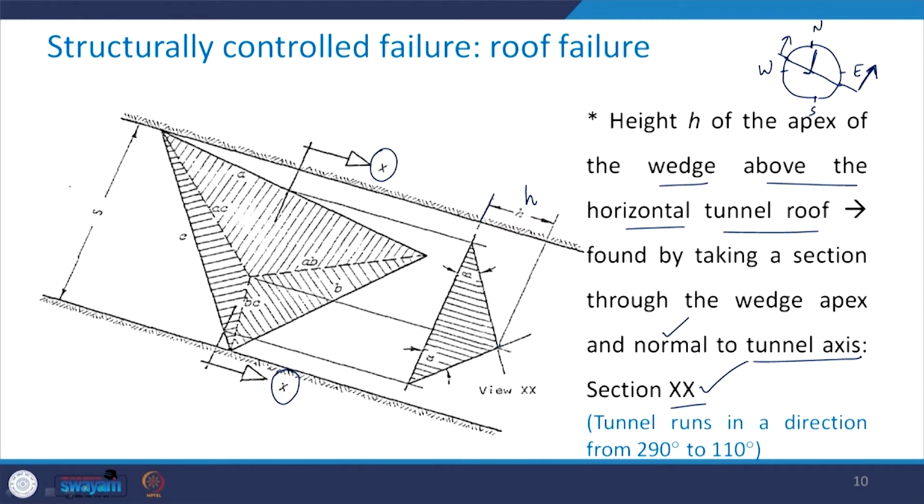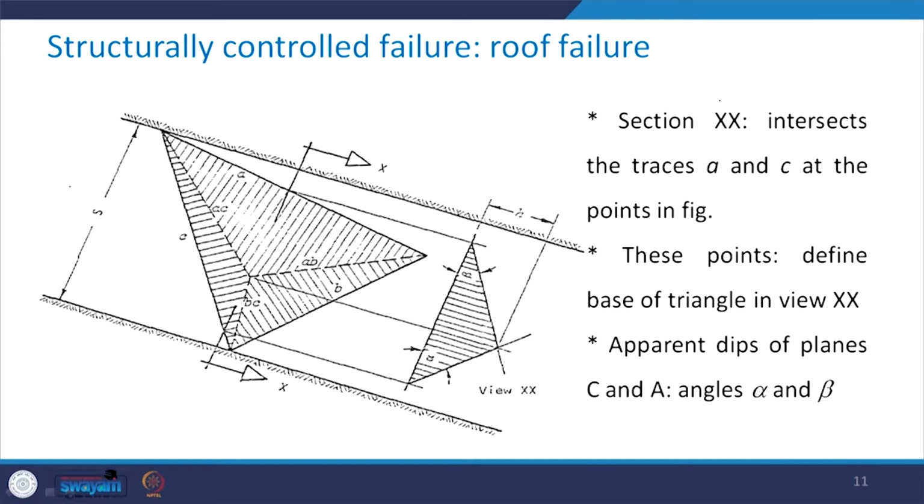So, here you can see that this section xx intersects the traces A and C at these points. So, you see here this is your section xx, and it is intersecting the trace A at this point and trace C, which is this one, at this point. These points define the base of the triangle when we have the view in this direction, which is xx. That means when you look in this direction.